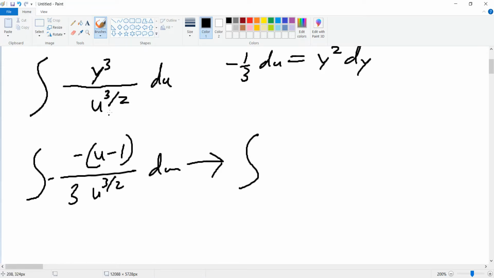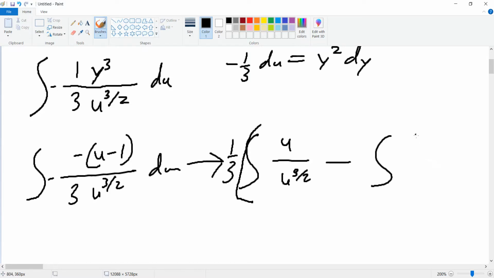There we go. We can rewrite this by splitting up the integral and taking the 1/3 out of u divided by u to the 3/2 minus the integral of 1 divided by u to the 3/2. And oh my gosh, that was a terrible parenthesis.